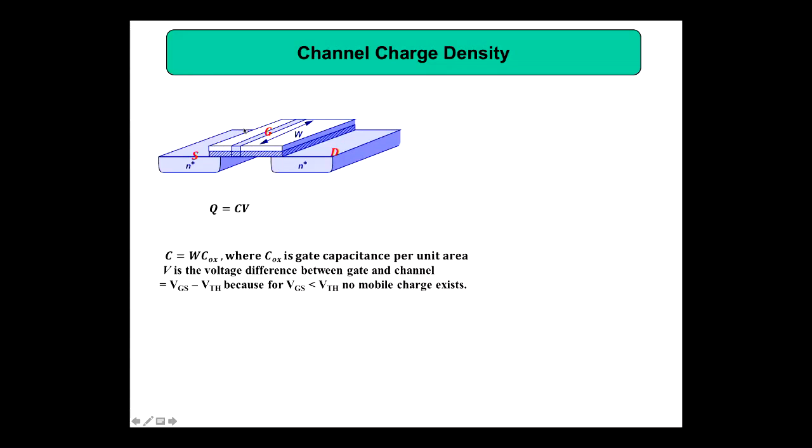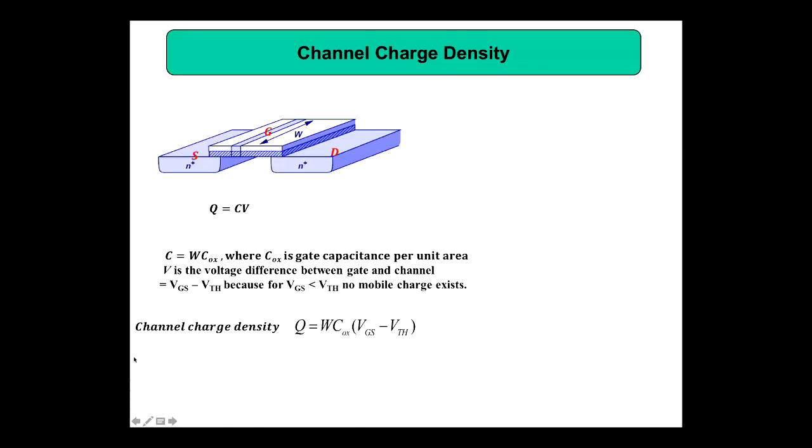There is no point in finding the drain current when VGS is less than VTH, because then your MOS is off and you don't get any value. So we take VGS minus VTH, because we want to make sure that your MOS transistor is in the operating mode, in the on state.